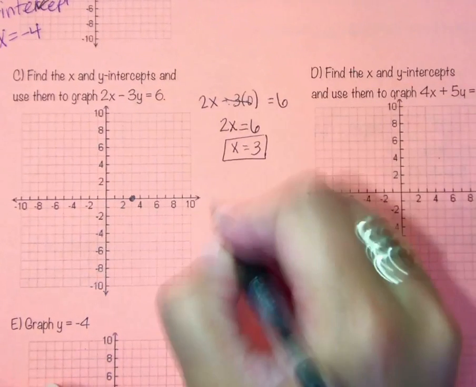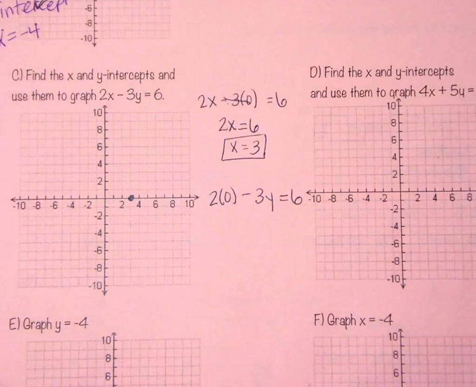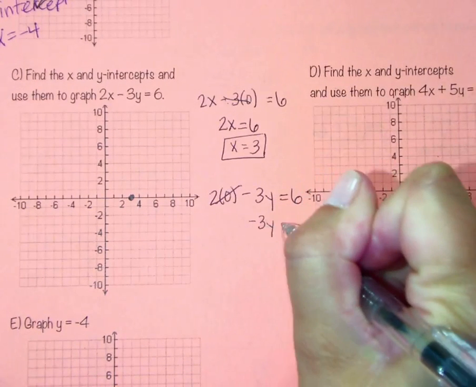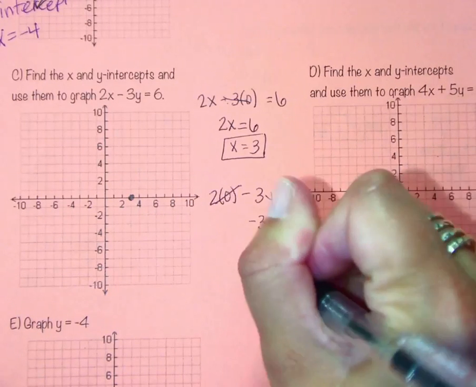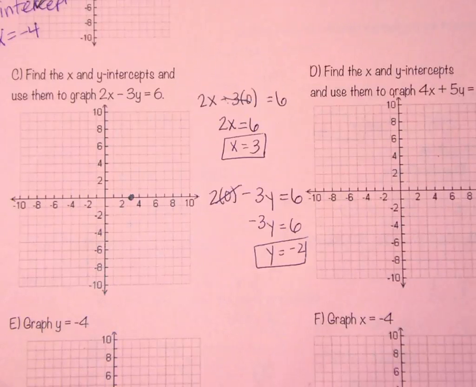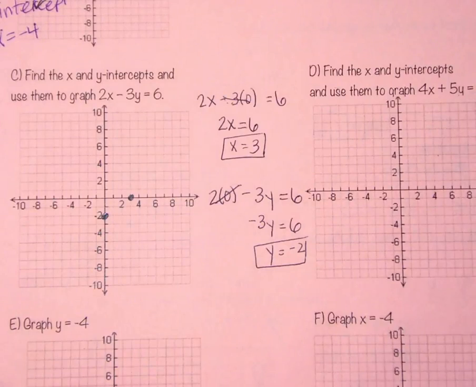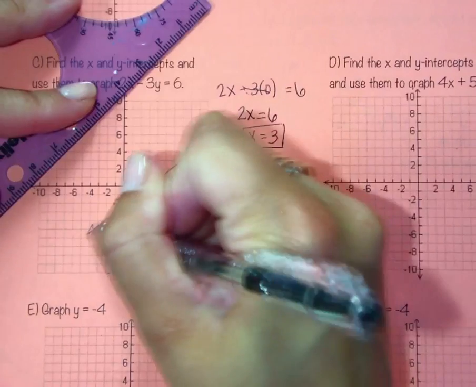So we're going to do a similar thing, but this time we're going to plug 0 in for x. So this time, it's the other term that essentially goes away. We have negative 3y equals 6. So when we divide, y is equal to negative 2. That is our y-intercept. We can plot that y-intercept. And then because we only need 2 points to draw a line, we can use those intercepts to draw our line in.